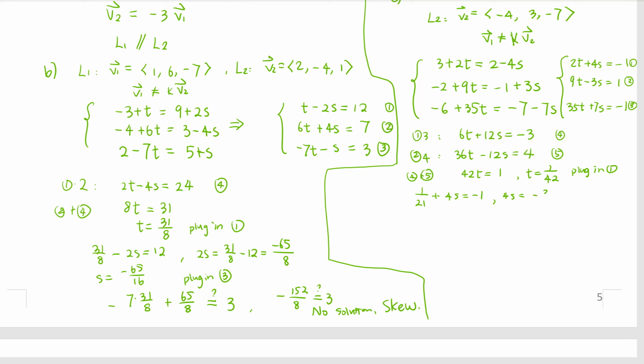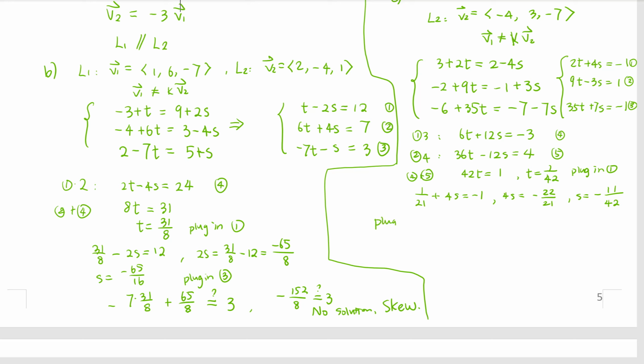So that's minus 22 over 21. For s, we divide both sides by 4. 22 divided by 4, we can cancel the 2. Then we have 11, but there's a 2 left in the denominator. So we get s equals minus 11 over 42.